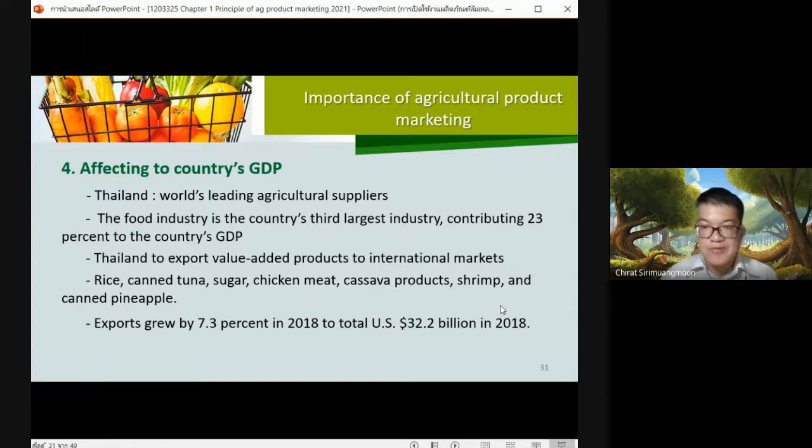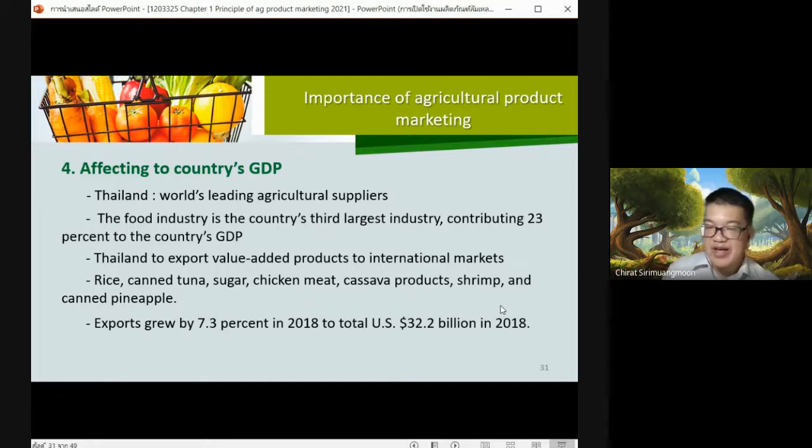So we produce processed food. We produce canned food and frozen food for the world market. So rice, canned tuna, sugar, chicken meat, cassava, shrimp, and canned pineapple are also exported. And it's trying to increase, especially during COVID-19.